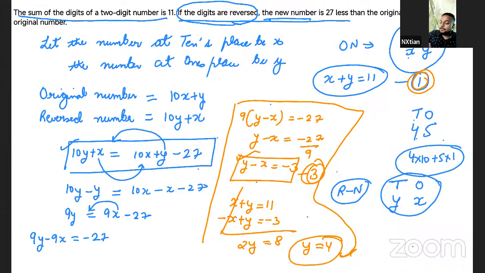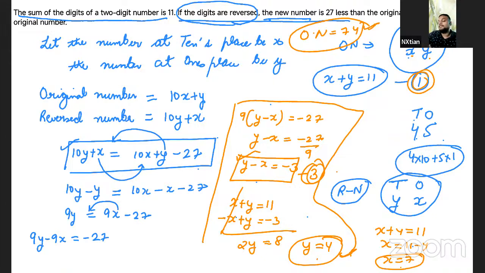So I got y as 4, and if I put the y value in the first equation, x plus 4 is equal to 11, x is equal to 11 minus 4, x is equal to 7. So what is the original number? x is at my tens place and y is at my ones place, so it will become 74. The original number is 74. This is the answer.